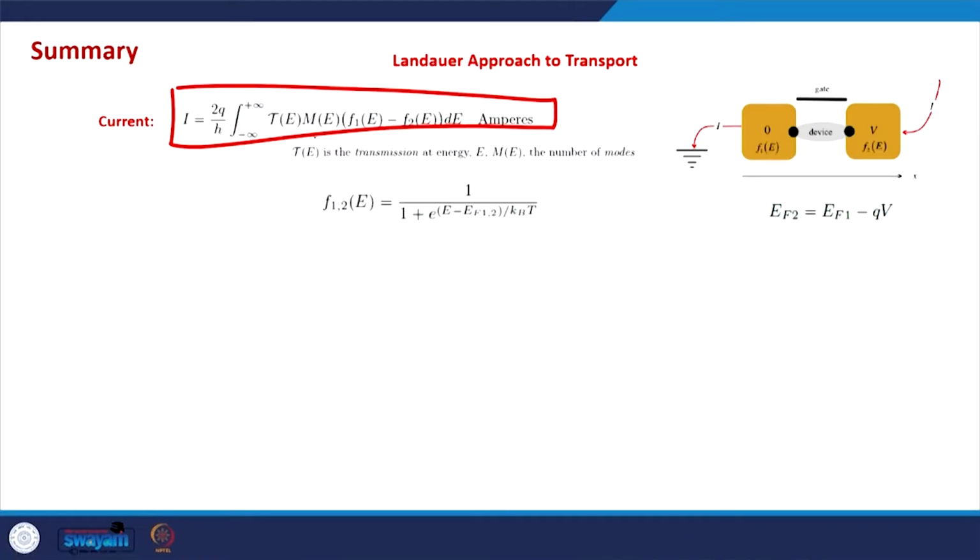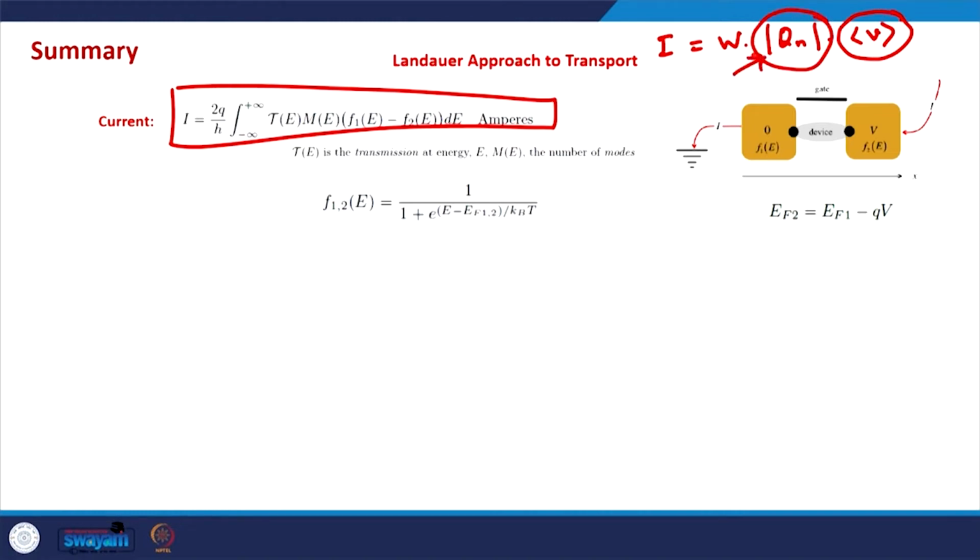And while we try to use this equation in the context of MOSFET, we will generally compare this to our conventional equation, and that way we can try to understand what is the average velocity with which the charge carriers are moving in the MOSFET, and what is the total charge in the MOSFET.